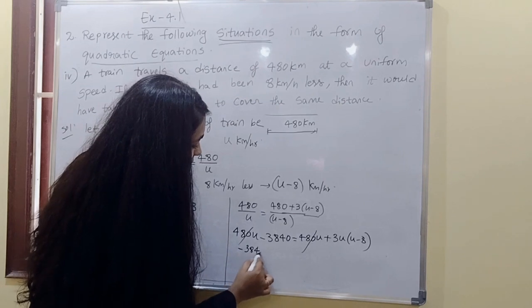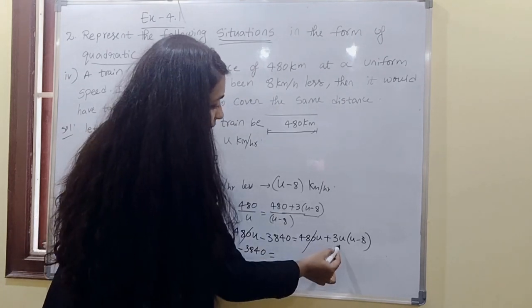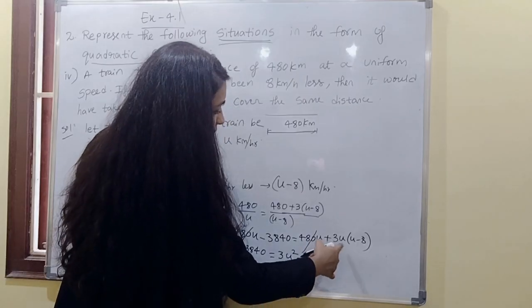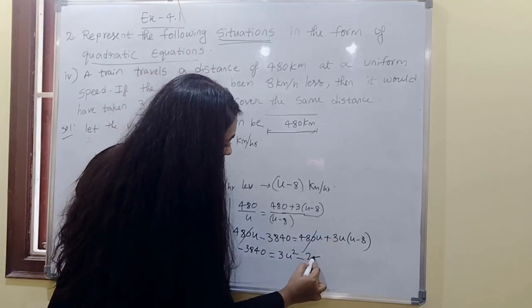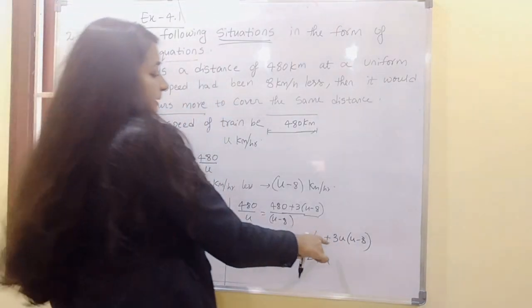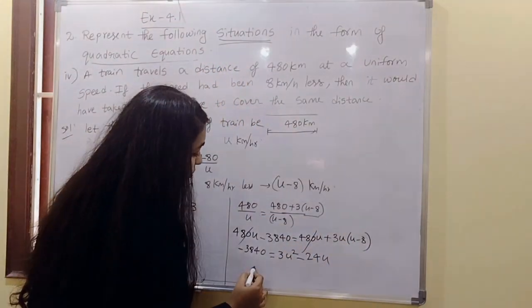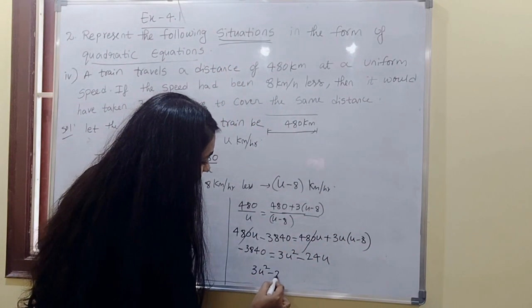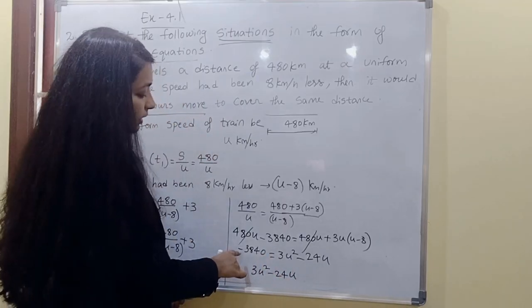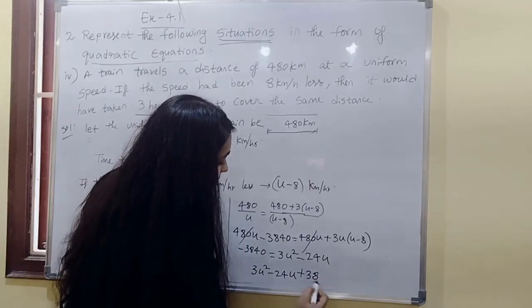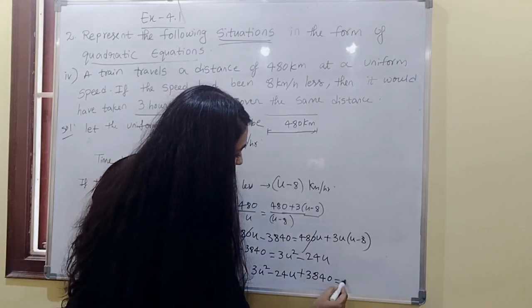Minus 3840 is equal to 3u square minus 24u, since 3 8s are 24u. Taking minus 3840 across, it becomes plus 3840 is equal to 0.